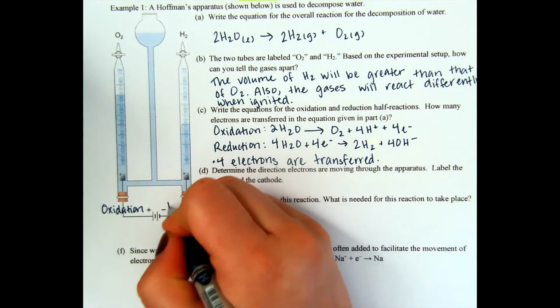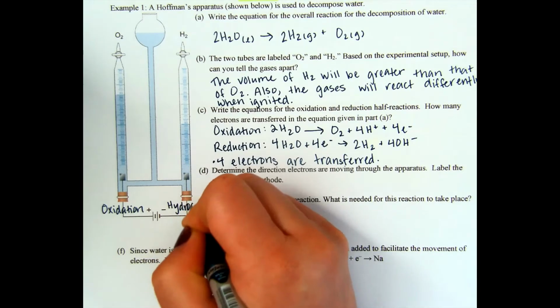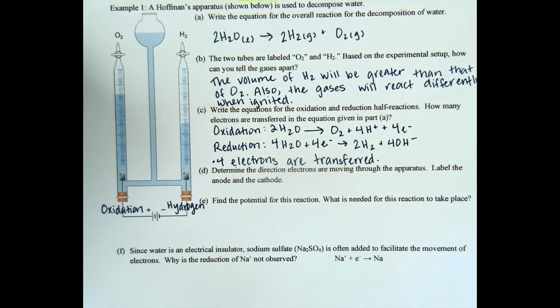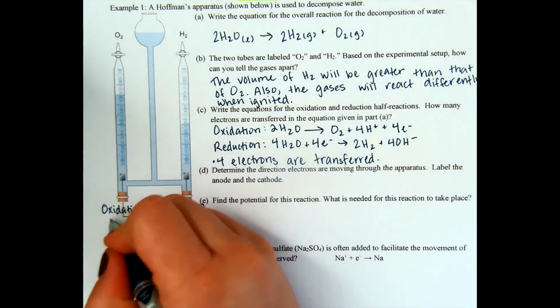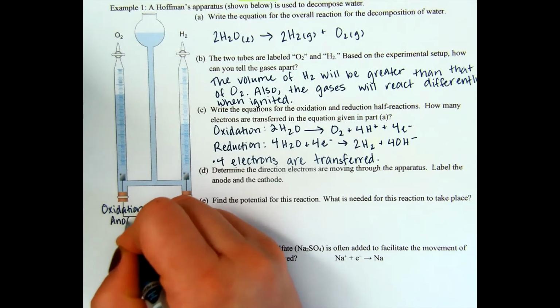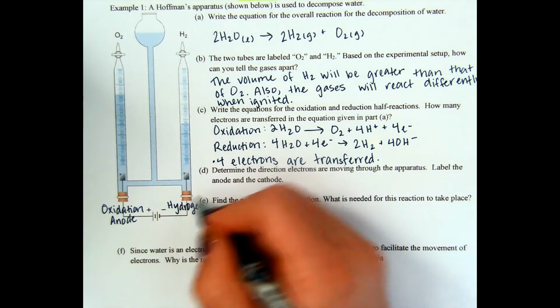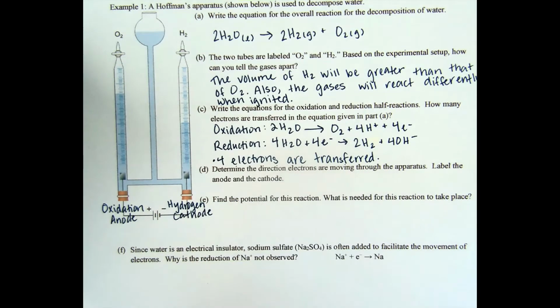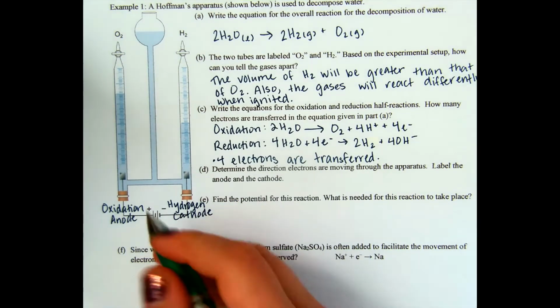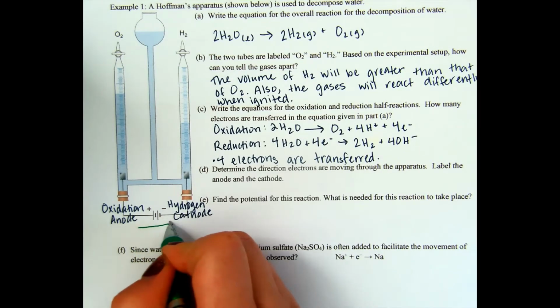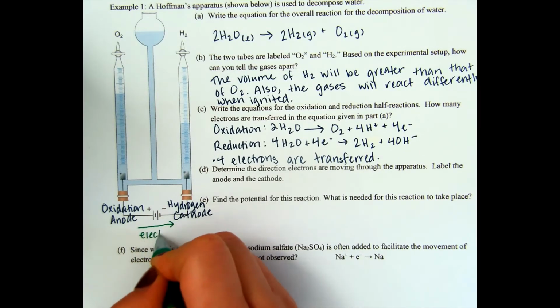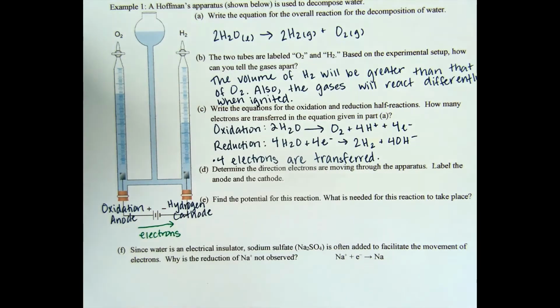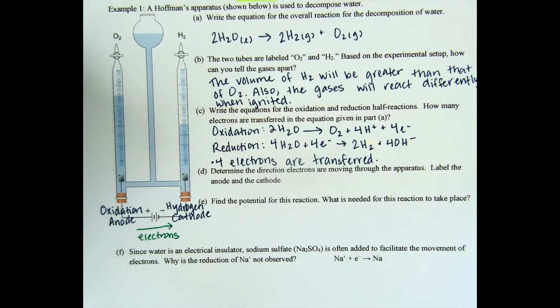So we're going to label that hydrogen. Okay, and so we know that oxidation happens at the anode and reduction happens at the cathode. And we also know that electrons flow from anode to cathode, so they must be going this way. Okay, so that's part D.